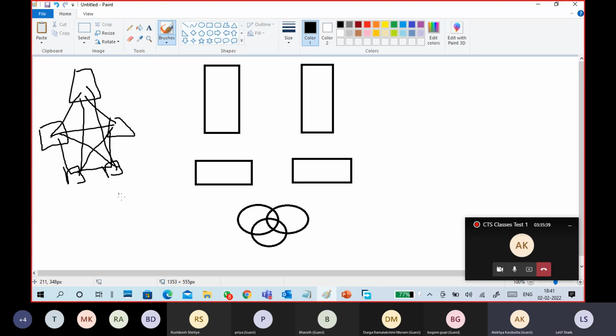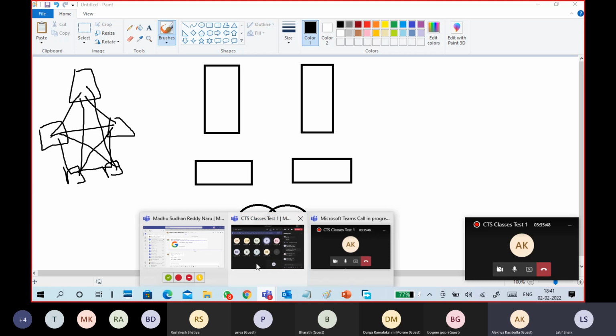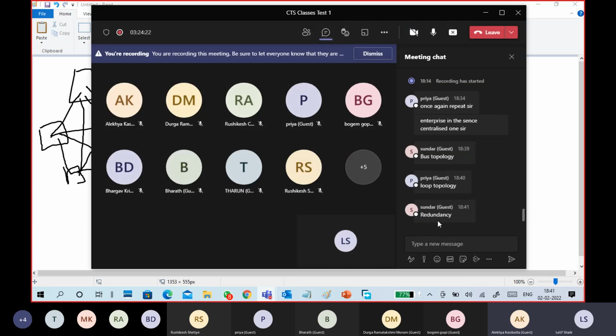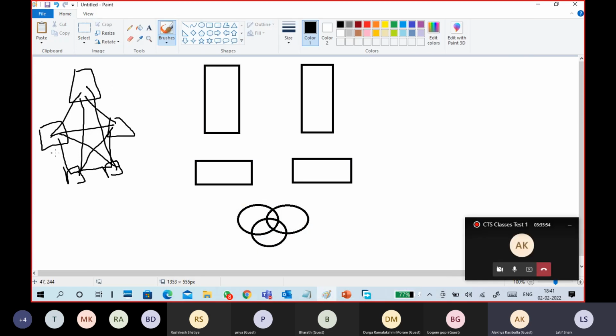Compared to all other topologies, this has only one advantage. All the rest are disadvantages, because you use a lot of wires, and it is very difficult to configure. Yes, very good. Sundar said redundancy. Redundancy means if this device is down, no problem, all other devices will communicate.